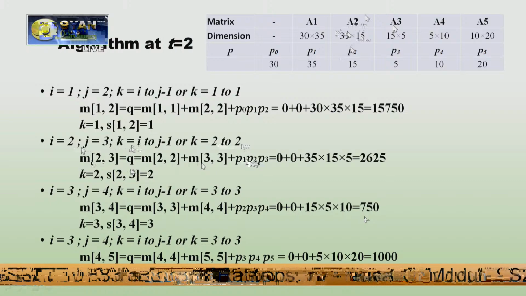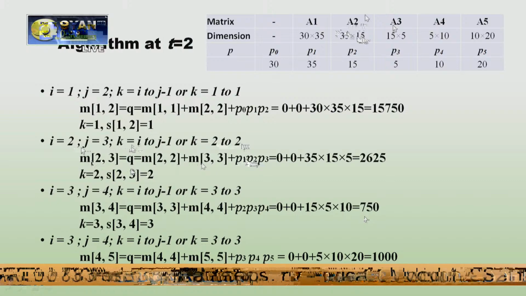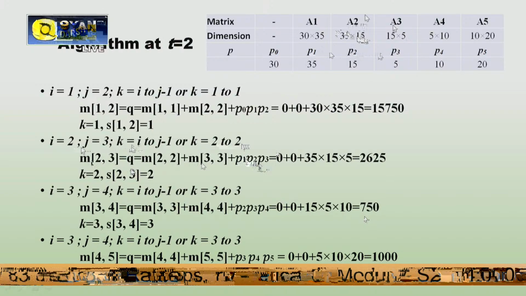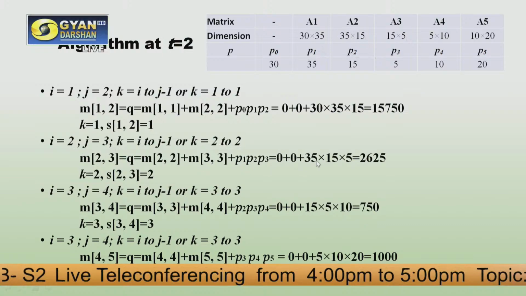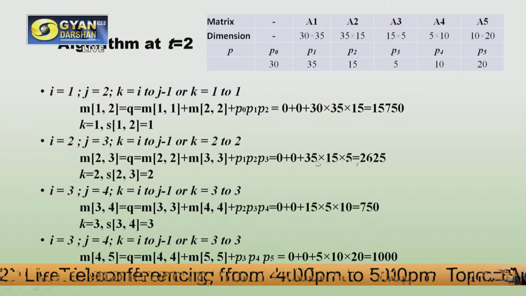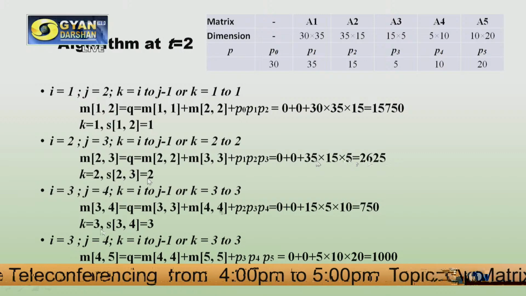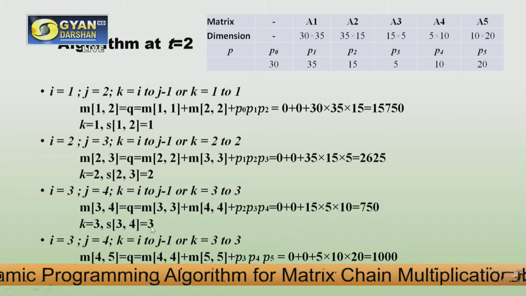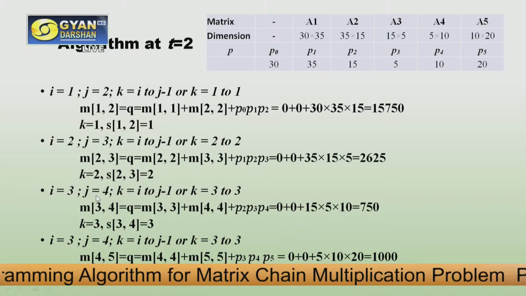Basically 35 into 15 into 5, that is P1, P2, P3, right? This is what the value is. This is 2625, and what is the value of k? 2. Similarly 750, the value of k for i equals to 3, j equals to 4 is going to be 3, like that.